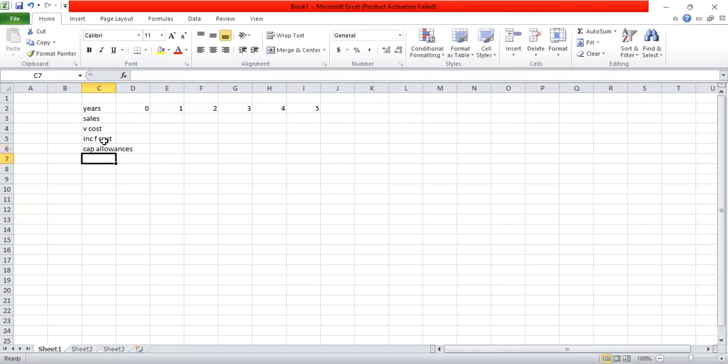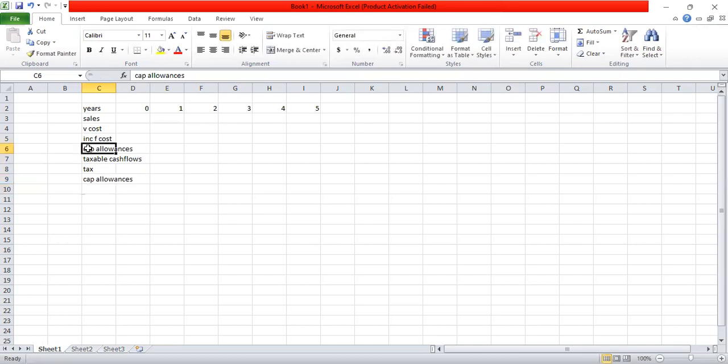Then we have the taxable cash flow. Then we apply the tax. And then we add back capital allowances.